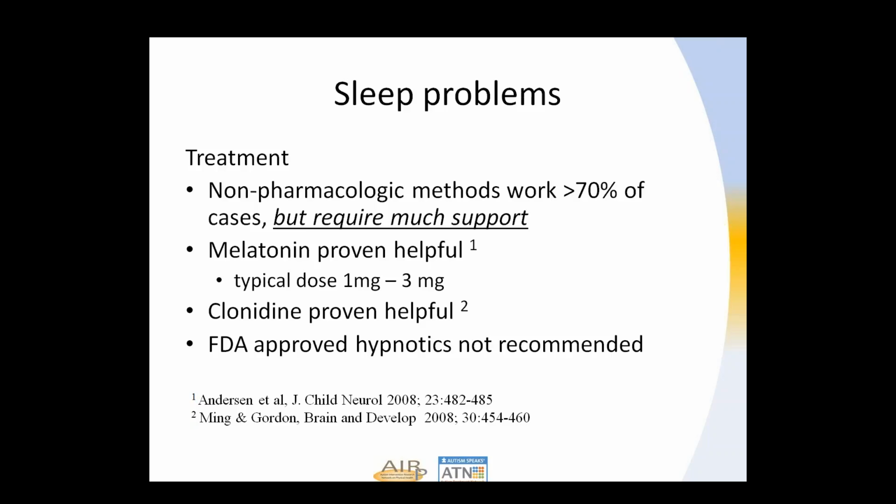The medications that many of us see advertised on TV to promote sleep, the FDA-approved hypnotic medications as they're described, are not recommended in the child and adolescent age group and not recommended in people with autism. There is a tendency for them to cause some dissociative feelings that many children and adolescents find uncomfortable, and so they can actually be counterproductive in terms of promoting sleep. Next slide, please.